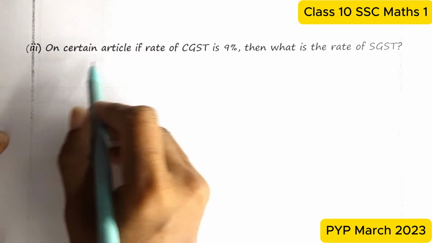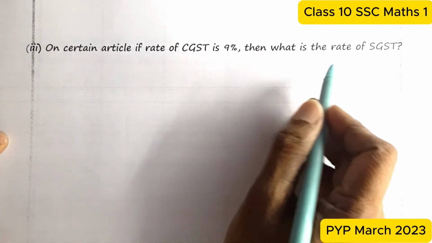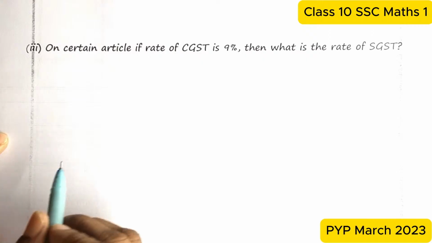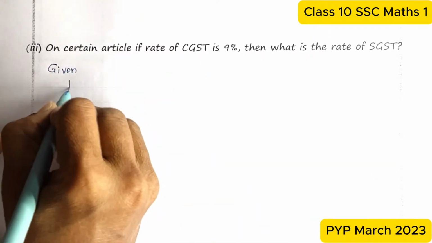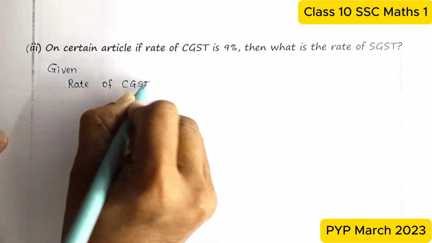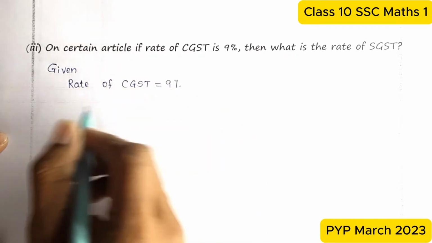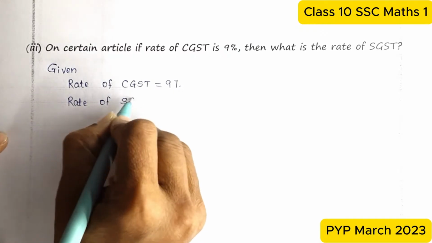Third one, question: on a certain circle if rate of CGST is 9%, then what is the rate of SGST? Now here students, the given is that rate of CGST is equal to 9%, and then we have to find out rate of SGST.